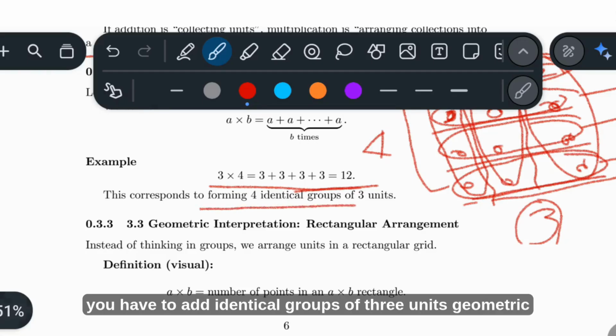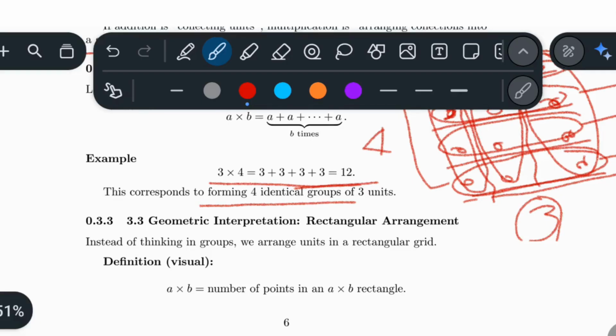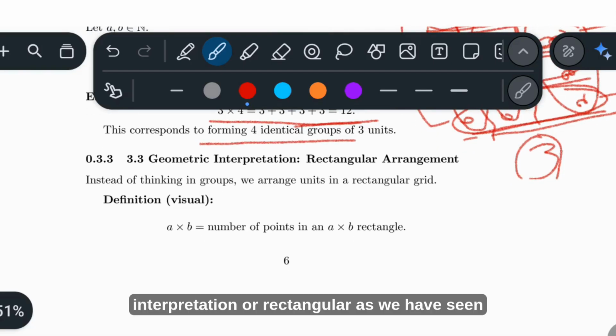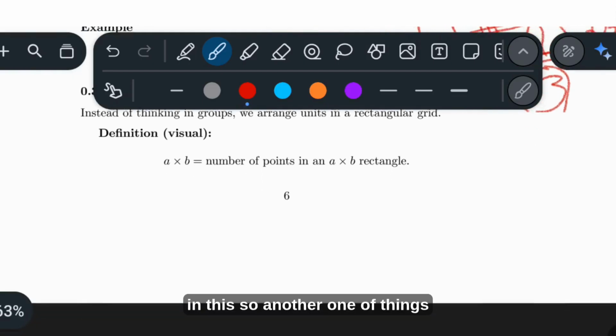So you have to add identical groups of 3 units. We have seen a geometric interpretation, or rectangular arrangement, in this.